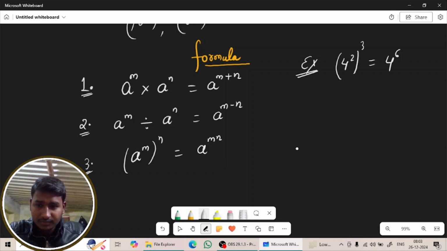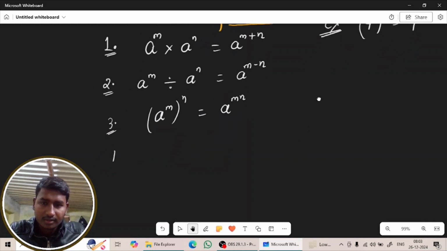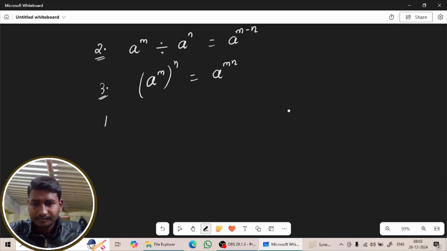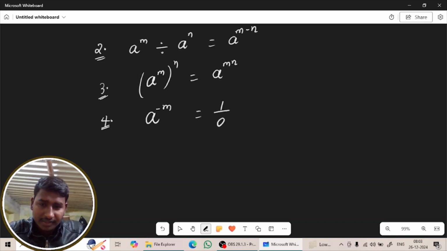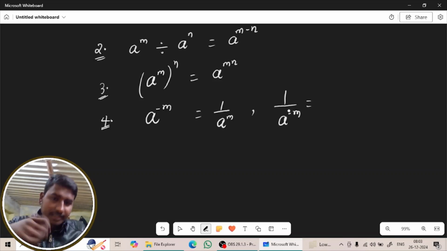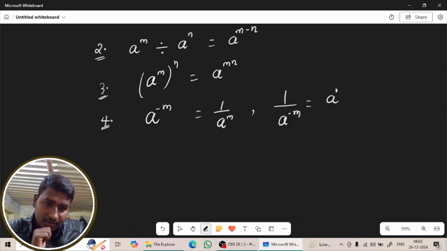Now the fourth one. If we have a negative exponent, that number will flip and make a positive exponent. So if the exponent is in the top, it goes to the bottom. Same way, if 1 over a to the negative m is in the bottom, what will happen? This will go up, you need to flip it, and it will make a positive exponent.